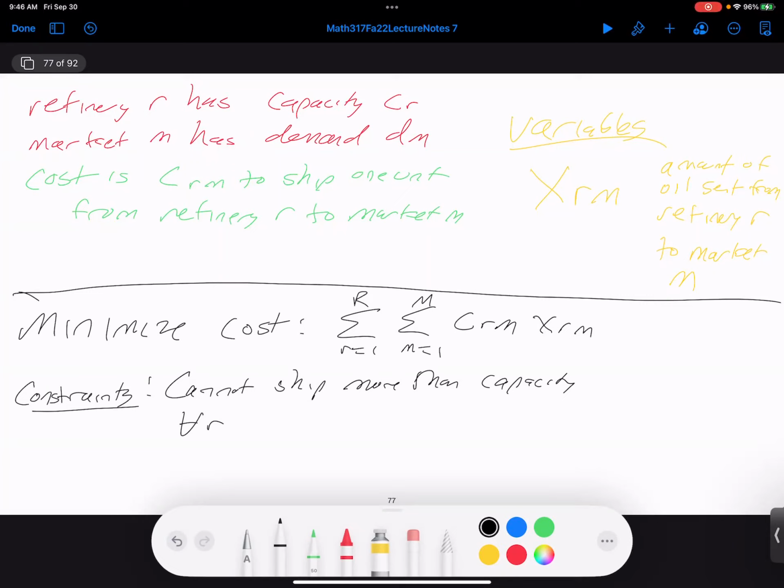For each refinery, I can't ship more than its capacity. Well, I would then just sum M goes from 1 to big M of X_RM. That's how much I'm shipping, because I'm going over all possible markets. So what would this have to be? Less than or equal to C_R. So that is, you can't ship more than your capacity.